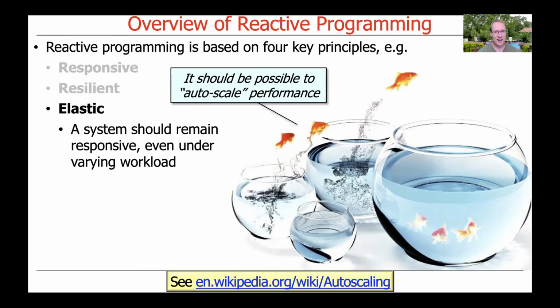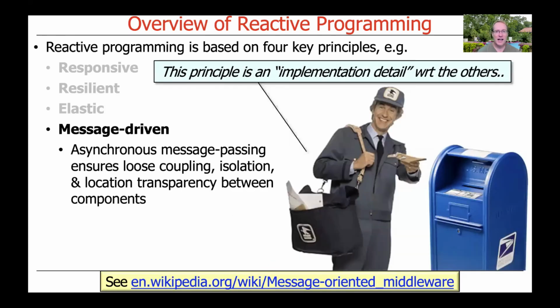And conversely, as load goes down, you want the number of resources used in the system to also go down. You don't want to have to pay for what you don't need, to quote the Liberty Mutual tagline for insurance.